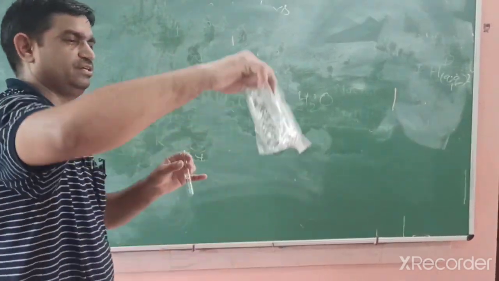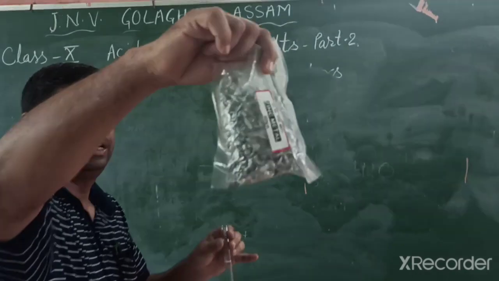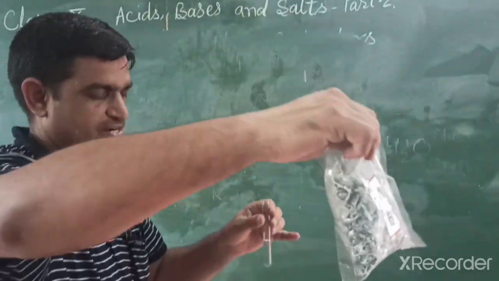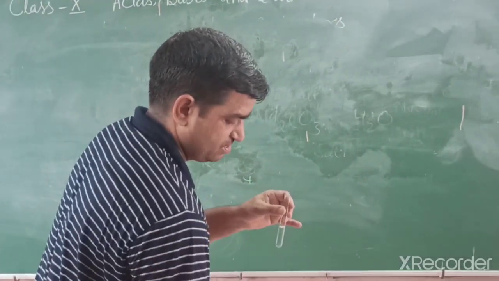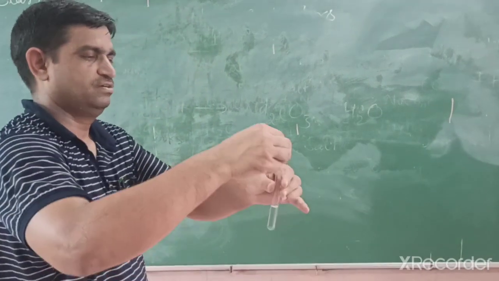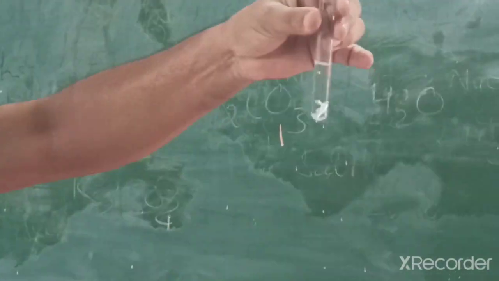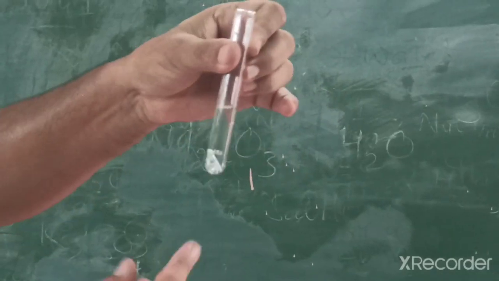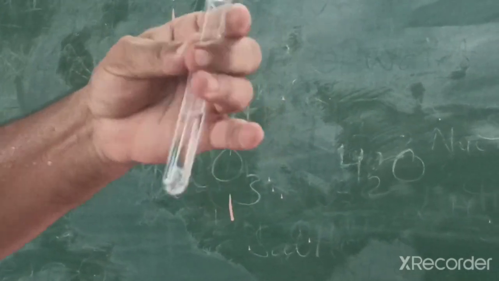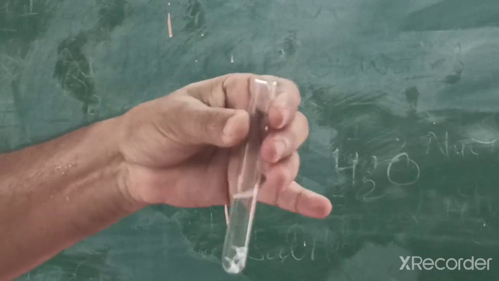These are zinc granules, with a very shining surface, and when zinc reacts with acid, we put two zinc granules in this. We observe that gas is released.